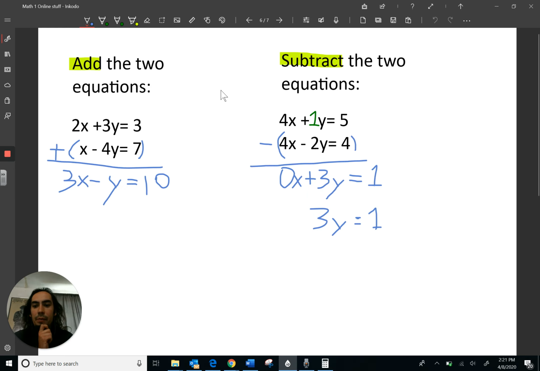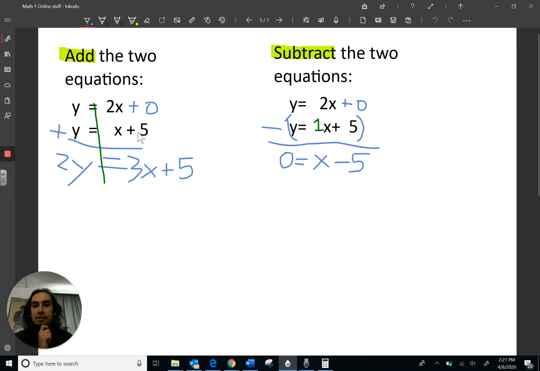Let's go all the way back to this first example. Do you remember that in one case, remember these are the same examples, when I added them, I still had two variables. Y and x were still both there. But in the other case, when I subtracted them, the y's were gone and I had only x left.